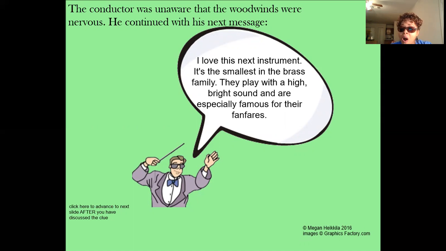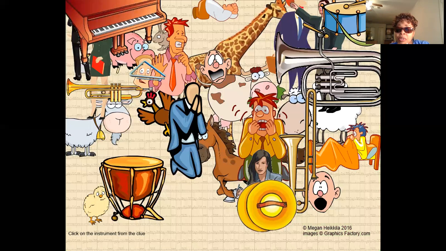Fanfares are celebrations and events, and this instrument is known to play in those celebrations. Let's see if we can find the highest sounding brass instrument in the brass family. Most of you learned what that instrument was in the first week of school. If you said the trumpet, you are certainly correct, my friend.